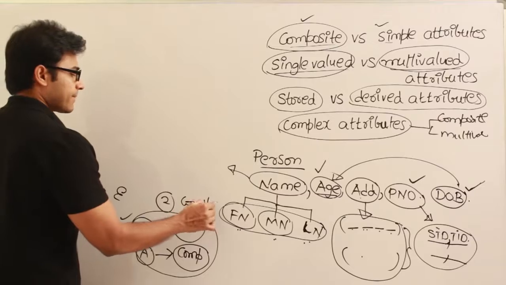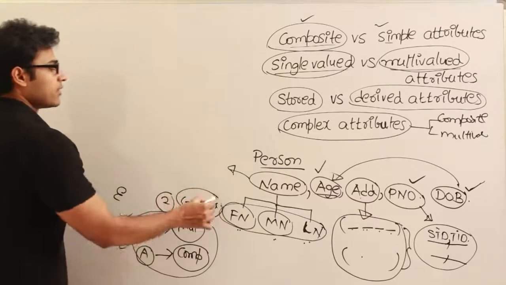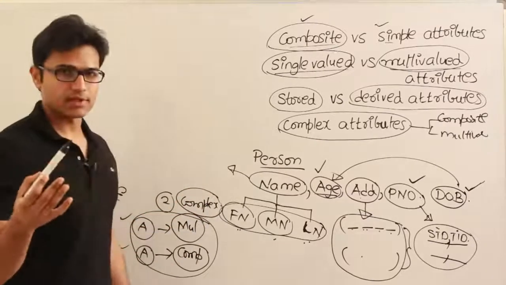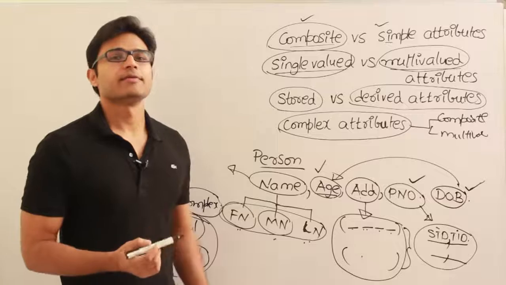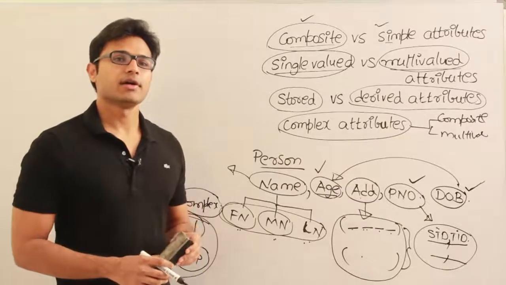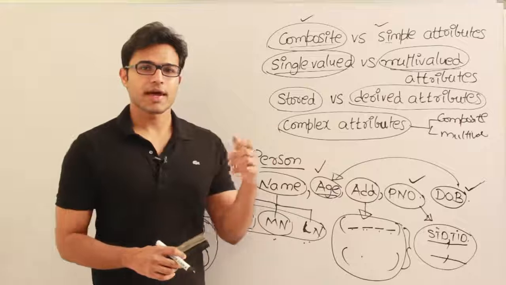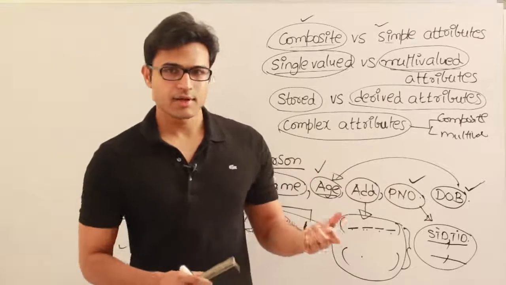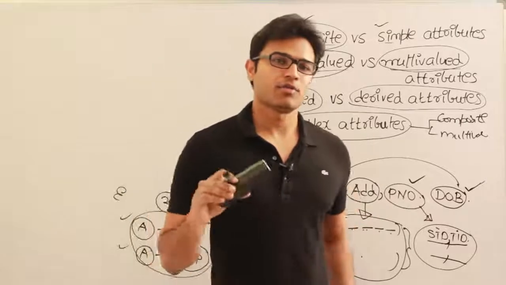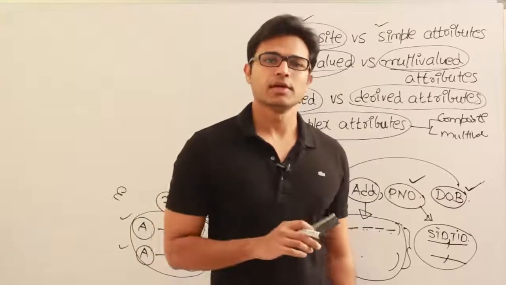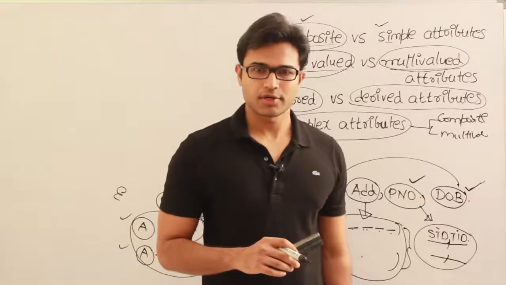Got it? And just for the sake of an example, let us say an employee has a phone number, and at any time he has a handheld mobile device as well as a landline. What type of attribute is the phone number going to be? Multi-valued attribute. Got it?